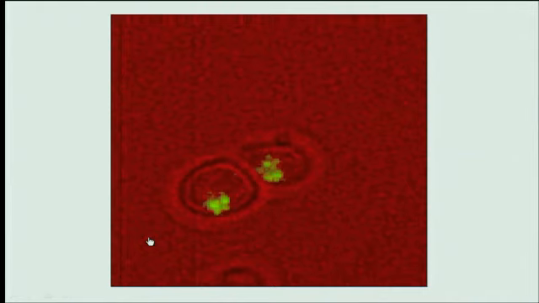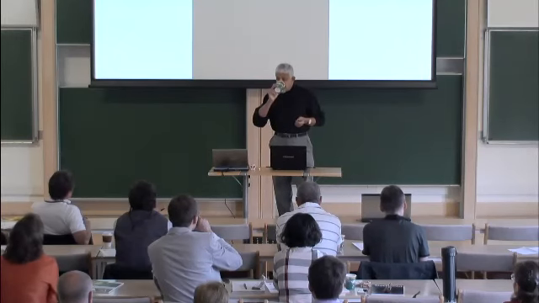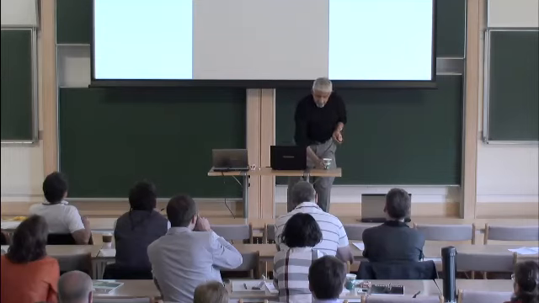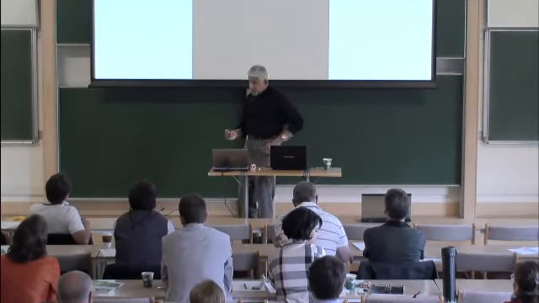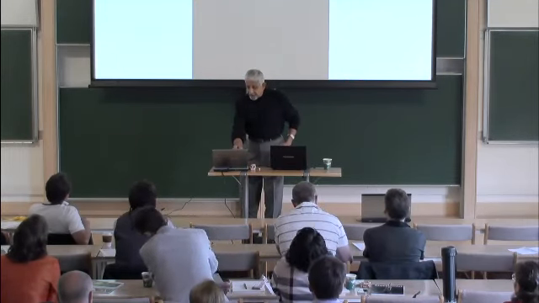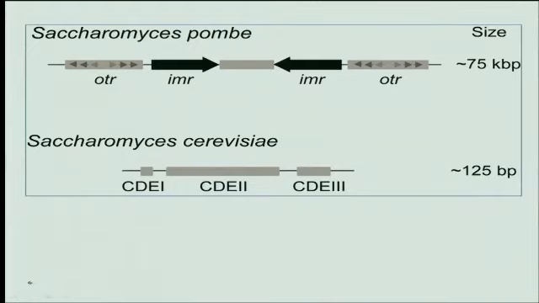Now that's 60 copies of the plasmid or thereabouts. So you can do the same trick as with chromosome. There are genetic tricks by which you can bring down the copy number to essentially 1 per cell. And so you can have one single copy plasmid labeled green and the other labeled red.